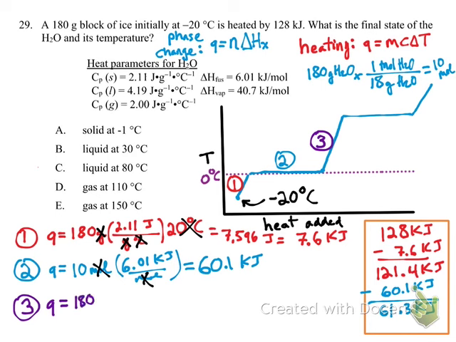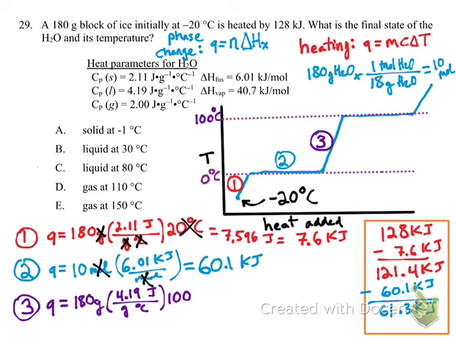So we have our 180 grams. The specific heat is 4.19 joules per gram degree Celsius. And again, the boiling point of water is 100 degrees Celsius. Let's just draw a nice dotted line to make this look a little bit fancier. There we go.